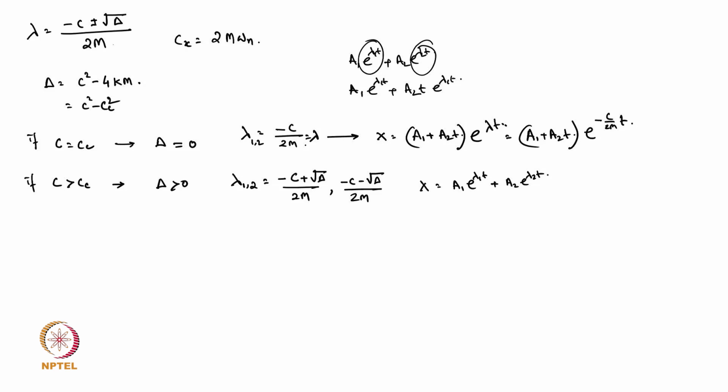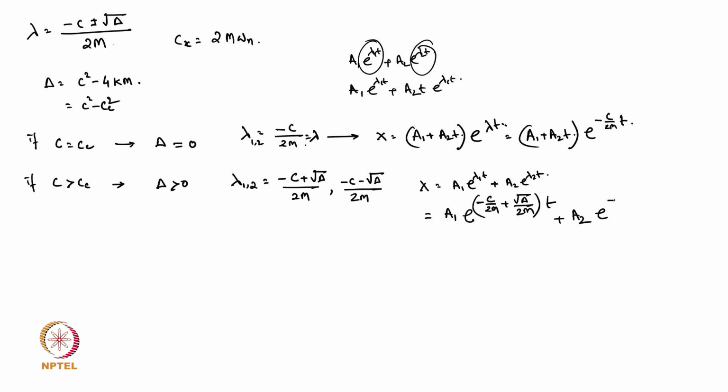Then x we are getting this now. So now suppose if I try to substitute this one here, so what can I see? A1 e to the power of minus c by 2m plus root delta by 2m into t.